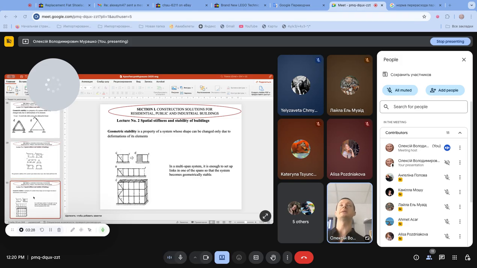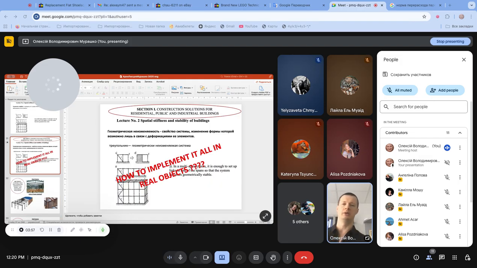When we are designing a multi-story building or multi-span building, we have to know that the stability of a multi-span structure can be guaranteed by only one link element which transforms a geometrically unstable system into a geometrically stable one. In regular practice, we will not add only one link element per one direction of building.